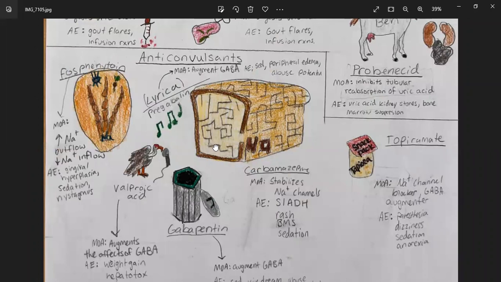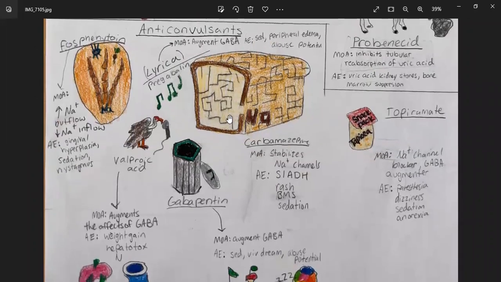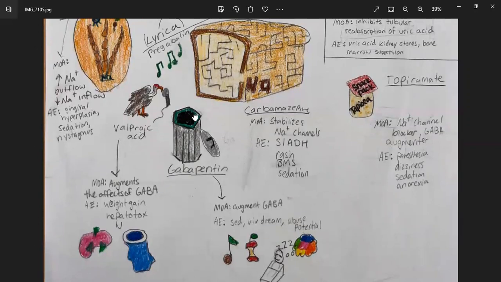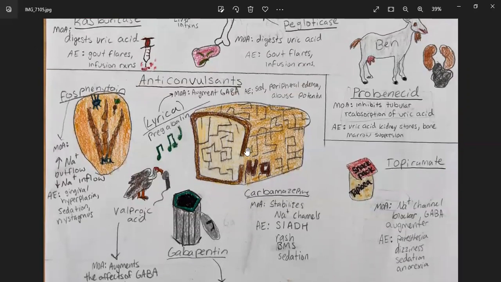Other anticonvulsants are valproic acid. So we have a vulture for valproic acid, and he is singing karaoke. There's lyrics, so Lyrica, and he's standing by a garbage can, garbage for gabapentin, and then he's about to go through a maze made of bread.